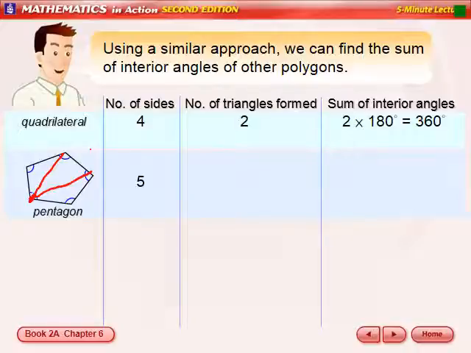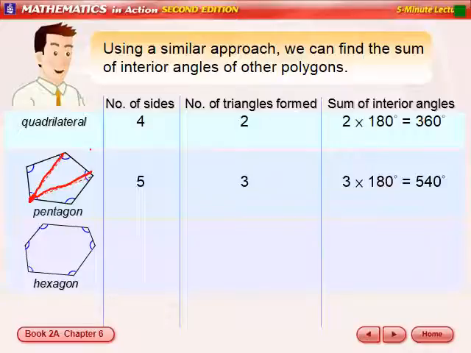We can see that there are 3 triangles formed in this pentagon. And the sum of interior angles would be 3 times 180 degrees, which is equal to 540 degrees.